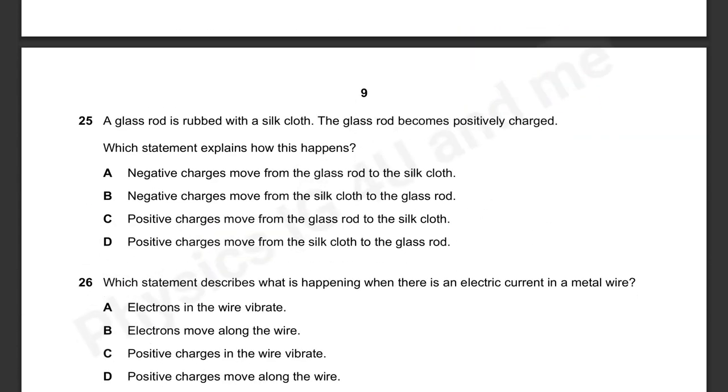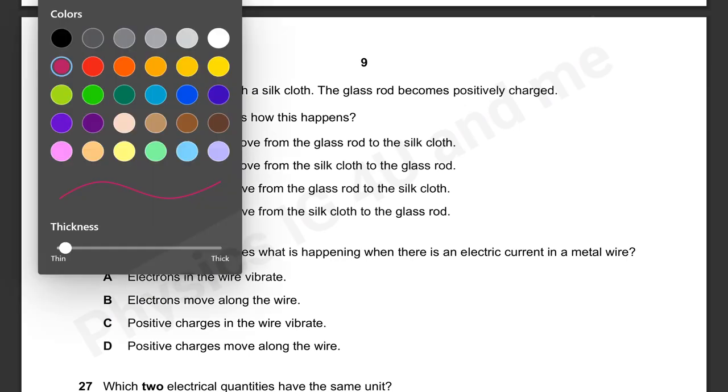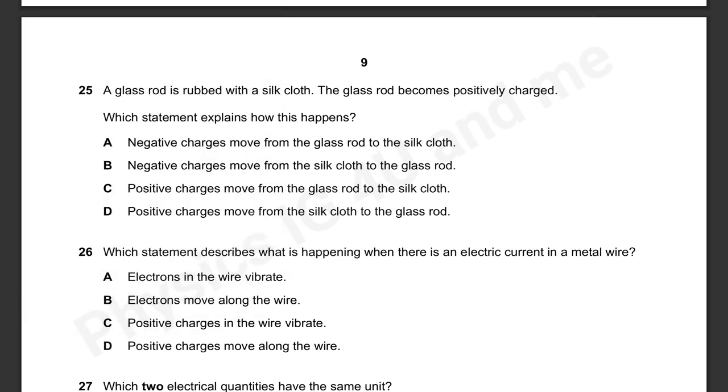Question 25, a glass rod is rubbed with a silk cloth. The glass rod becomes positively charged. Which statement explains how this happens? In A, they say negative charges move from the glass rod to the silk cloth.